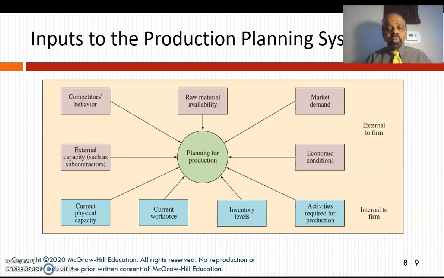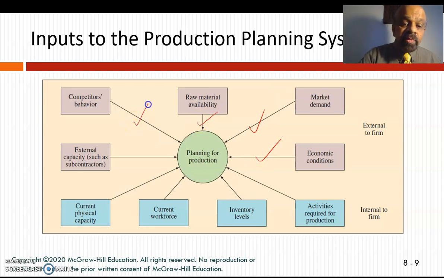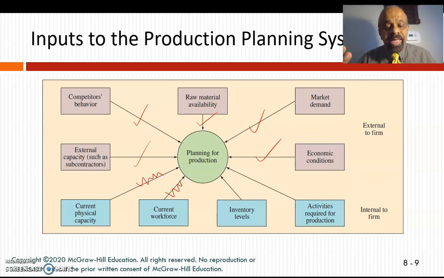So the inputs to the production planning system can be the market demand, the economic conditions, the raw material availability, the competitors' behavior, external capacity, and so on, which are external to the firm. Internal to the firm, I need to have a workforce. I need to have physical capacities, that is machines and other things that I need.